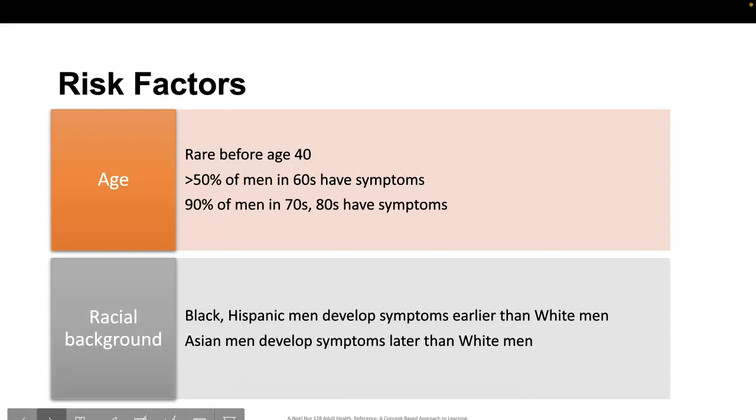And males in their 70s and 80s, it's a huge percentage jump, about 90%. So who's at higher risk? African American, Hispanic men generally have symptoms earlier than the Caucasian population, and then Asian men develop symptoms later than Caucasians. So there is a little relationship to the ethnicity as well.